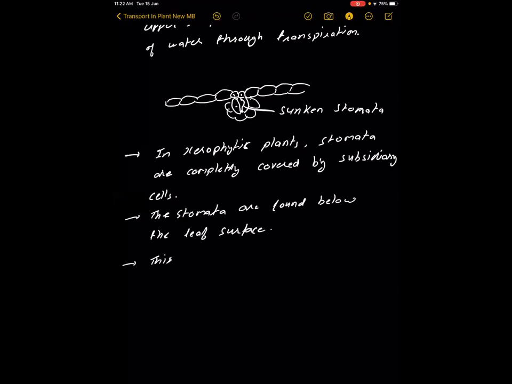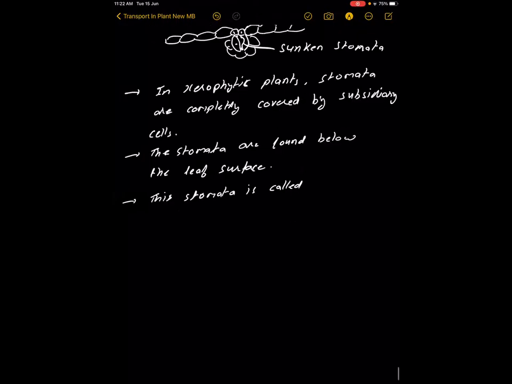These stomata are called sunken stomata. Sunken, S-U-N-K-E-N, sunken stomata.